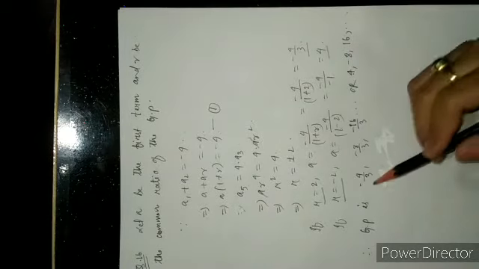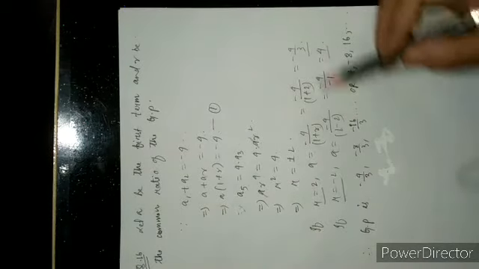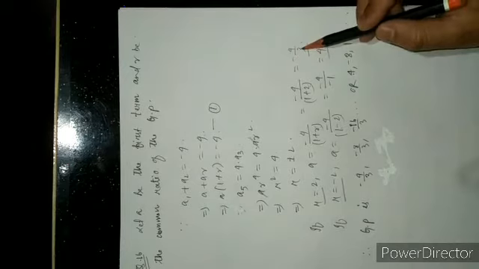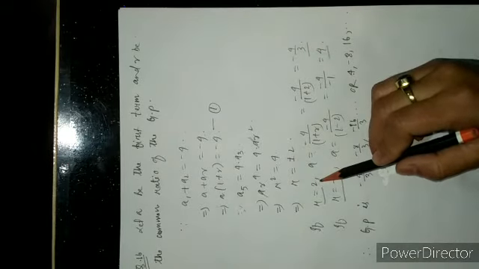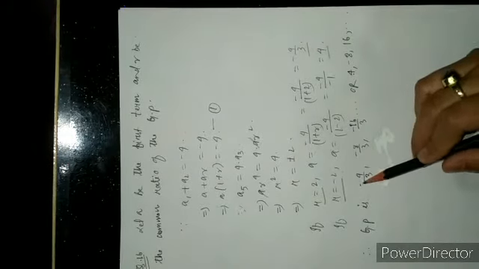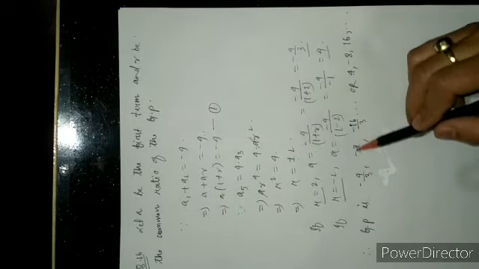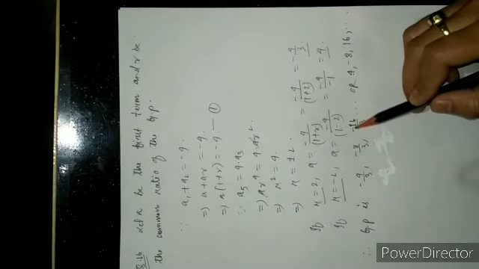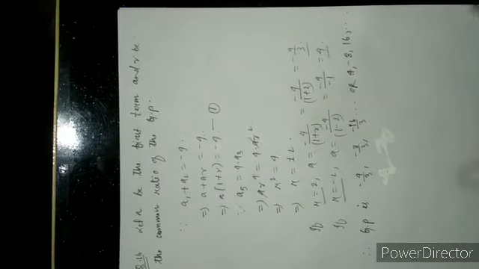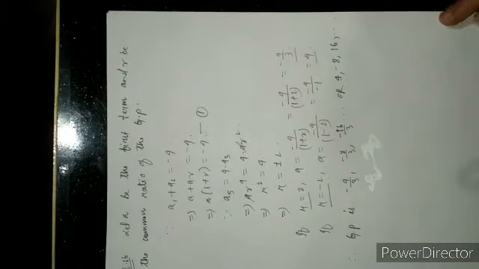And therefore the geometric progression is: first term minus 4 by 3, with R equal to plus 2, giving minus 4 by 3, then multiplied by 2 gives minus 8 by 3, multiplied by 2 gives minus 16 by 3, and so on.